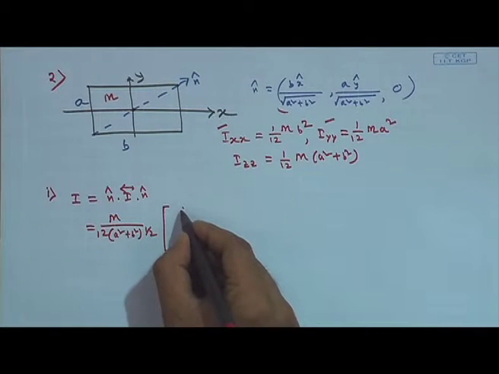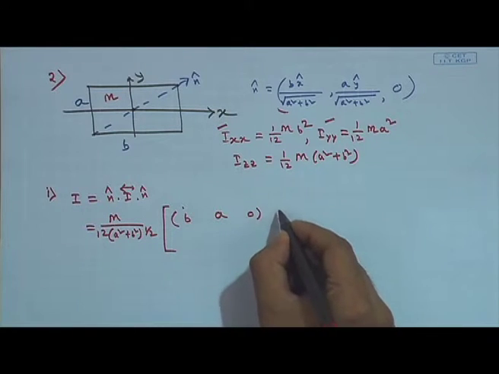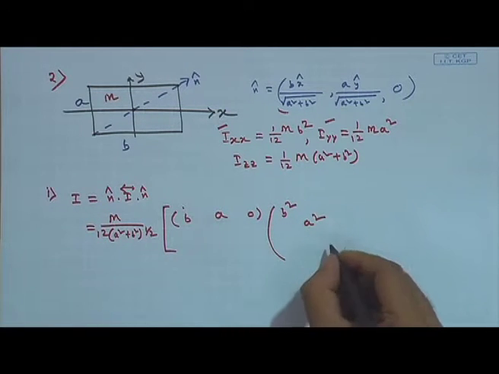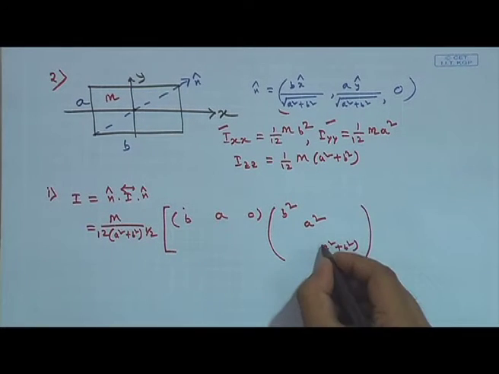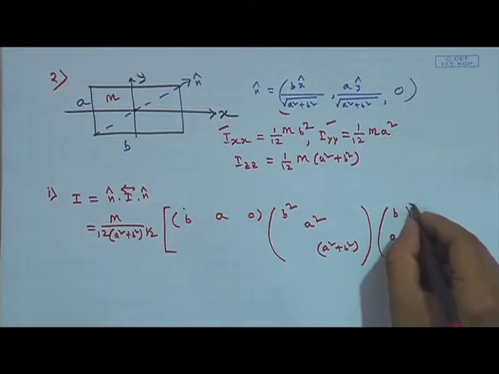Inside we have the matrix b square, a square plus b square, and so on, multiplied by the vector b a 0.